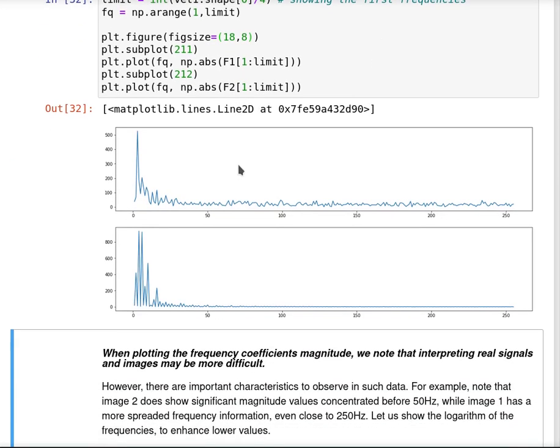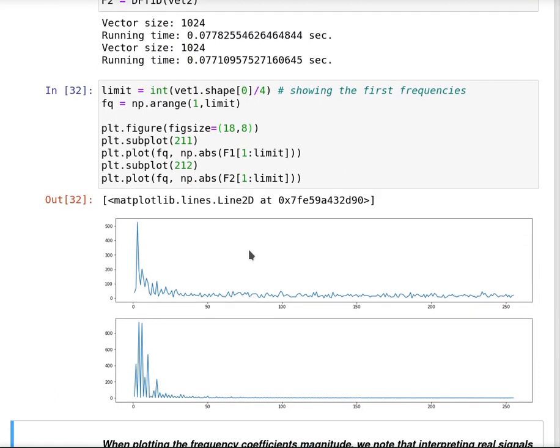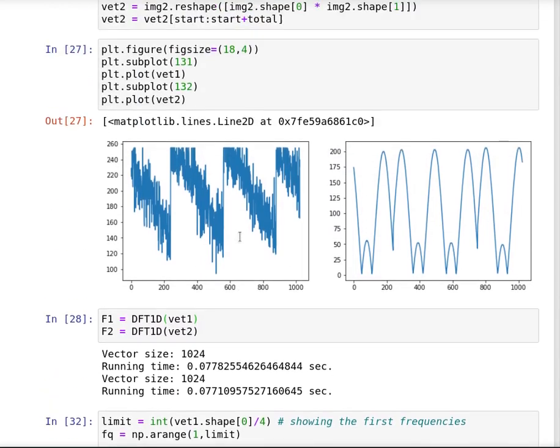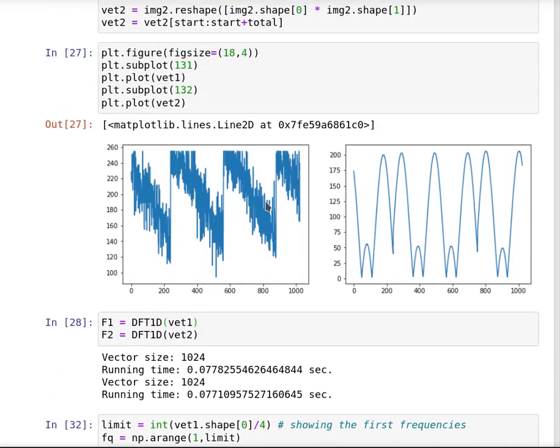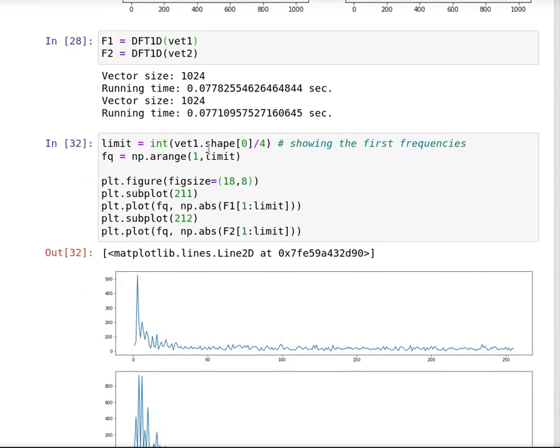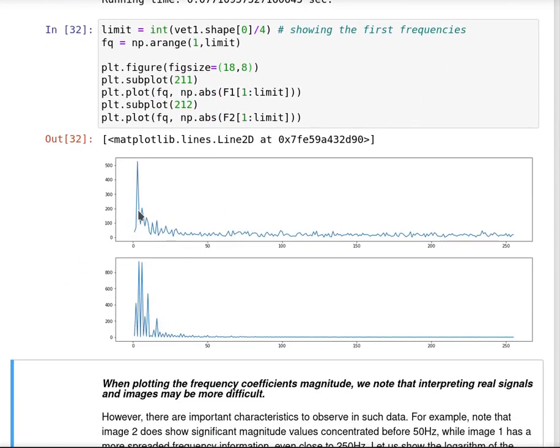Okay, so now that we know the concepts of the Fourier transform, we can see that the first image here has much more noise than the second one. The second one has variations, has oscillations, but the first one has much more abrupt oscillations. And this is revealed by looking at the Fourier transform. Look how the first image has many more peaks along higher frequencies.